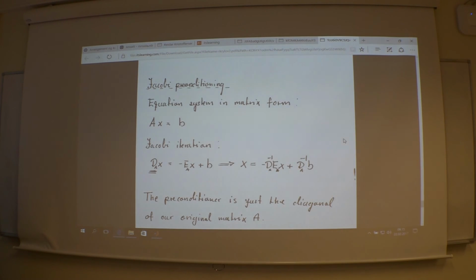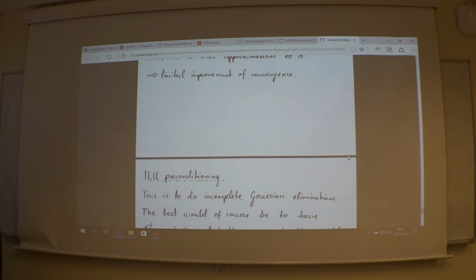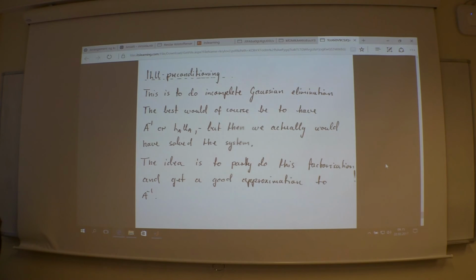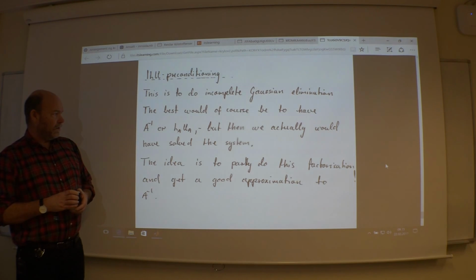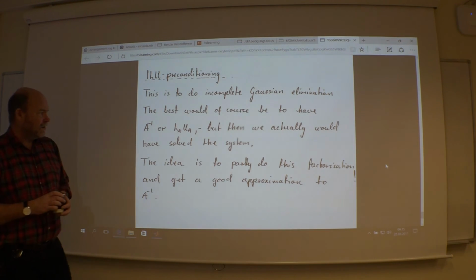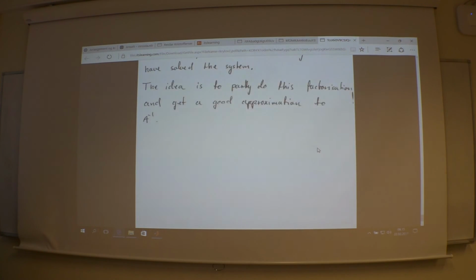So some examples: Jacobi preconditioning. That is something that is really not helpful almost at all. Very bad indeed. Very popular: an incomplete lower-upper preconditioning. So we'll have a look at this a little bit later as an example of how this can be done.